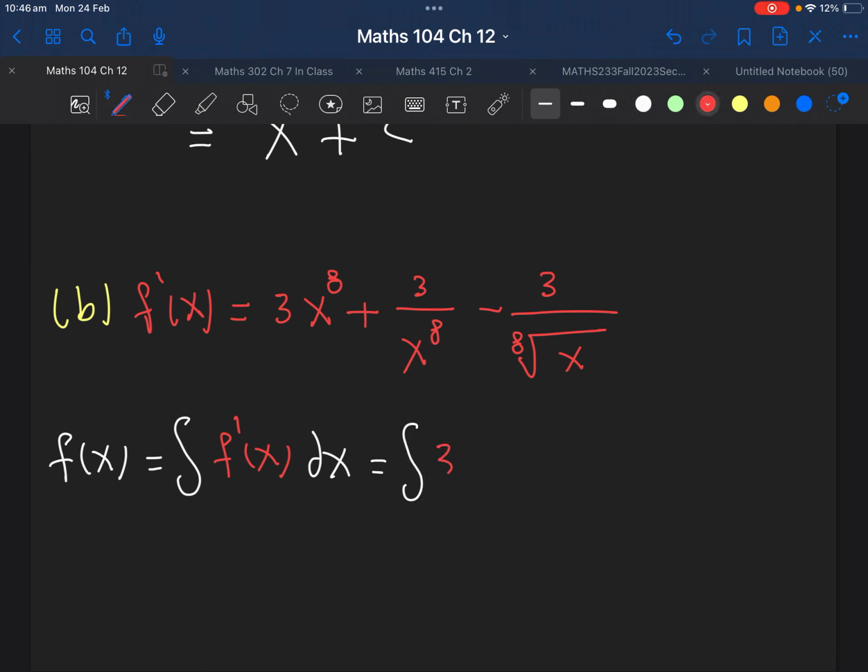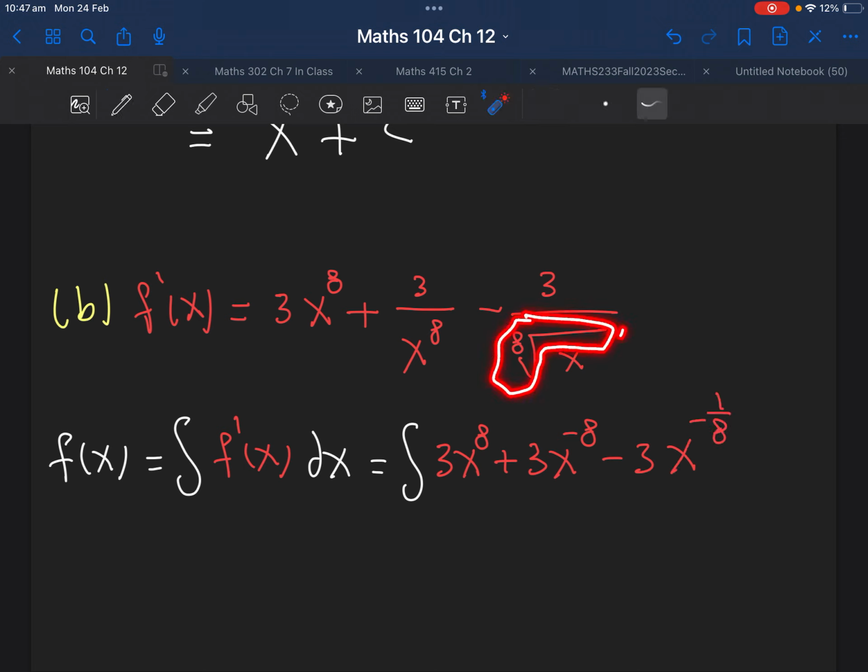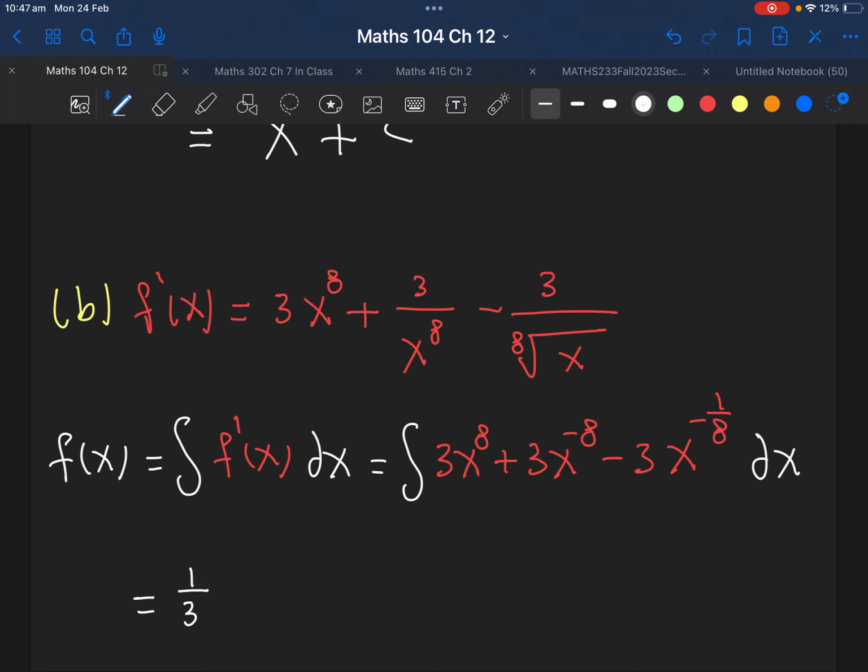which is 3x power 8 plus 3x^-8 minus 3x^(-1/8). Here I did a little bit of quick simplification. This will become 1 over 8. If you take it up, it will become minus 1 over 8 dx, which if we do it, this will be just x power 9 over 3.